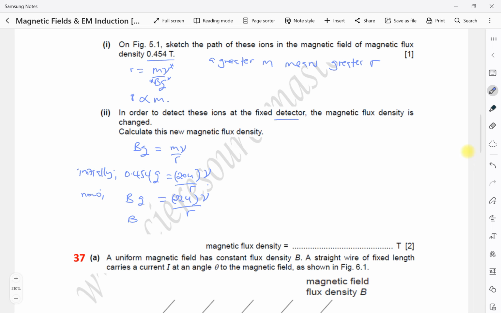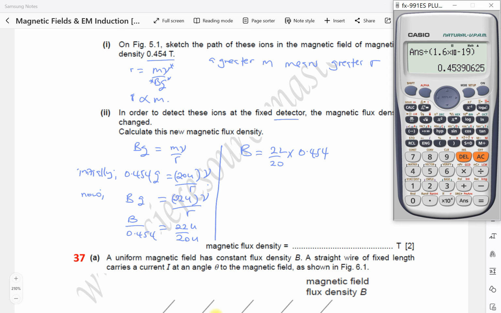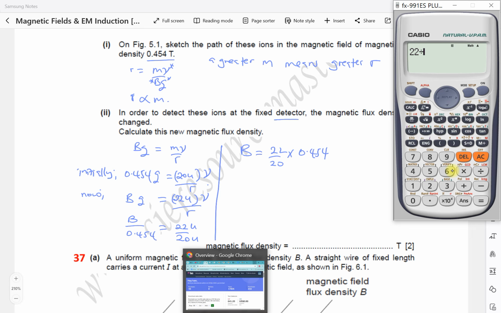So B divided by 0.454 should be equal to, R cancels, V cancels, 22U divided by 20U, which means that the new value for B is going to be 22 divided by 20 times 0.454, which is 0.499.